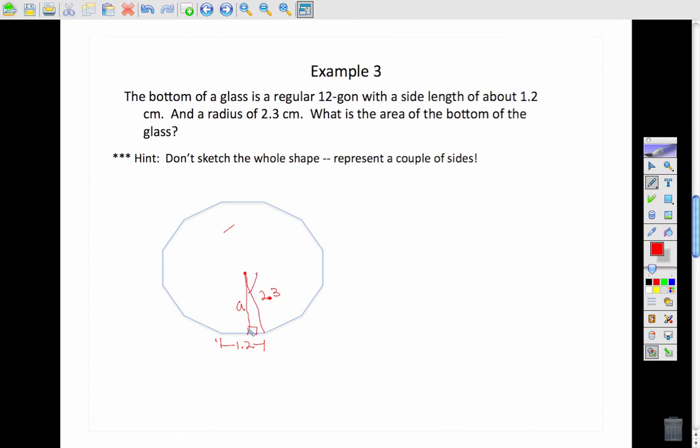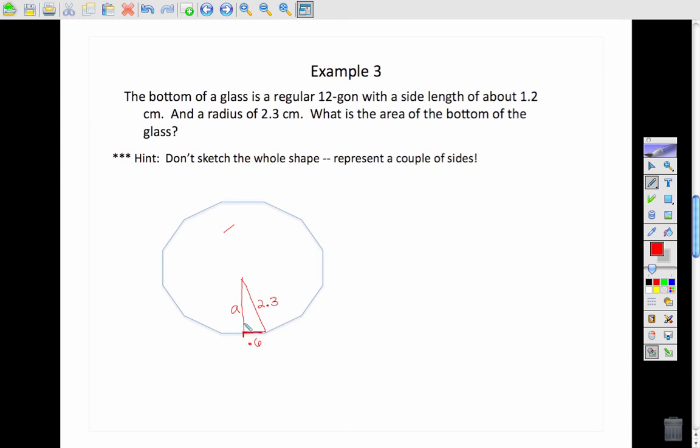Okay, we have a right angle here, so I need to know, well, normally I would need to know what that angle is, but since I have two of the sides, because I know if the side length is 1.2, we'll just see if we can draw that better. If the side length is 1.2, then half the side is 0.6. That's a little bit better.